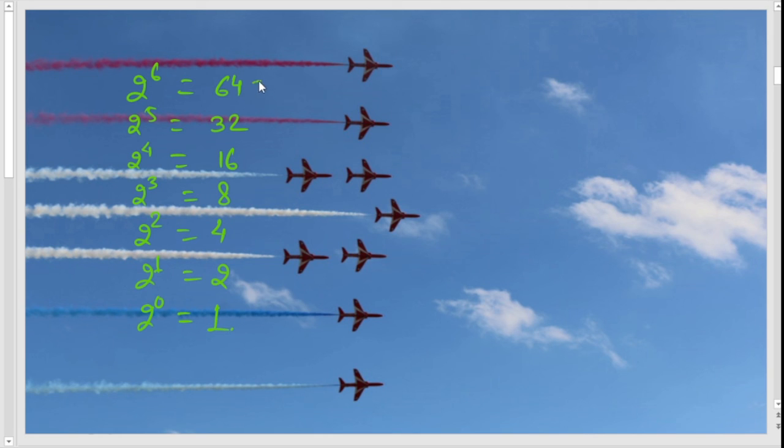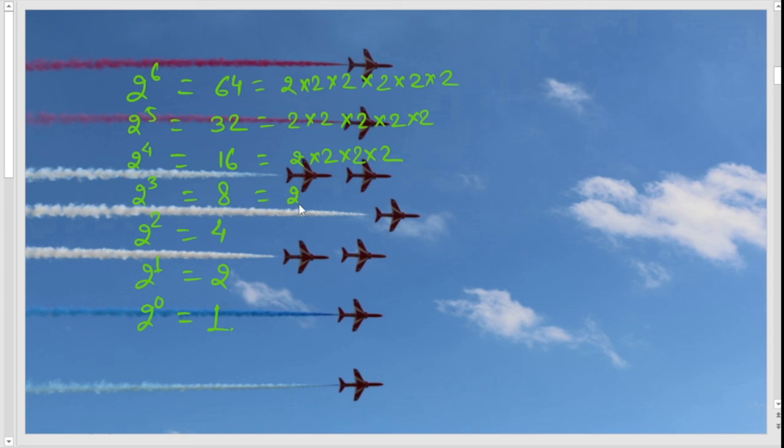We can also write it like 2 into 2 into 2 into 2 into 2 into 2, divided by 2 into 2 into 2 into 2 into 2. It is divided 5 times. Here it is divided 4 times, 2 into 2 into 2 into 2.